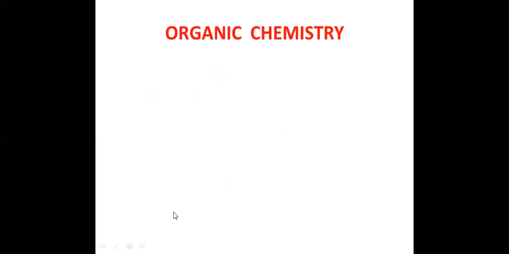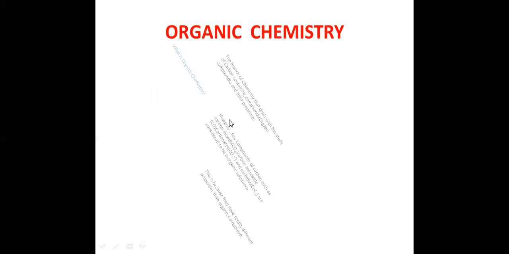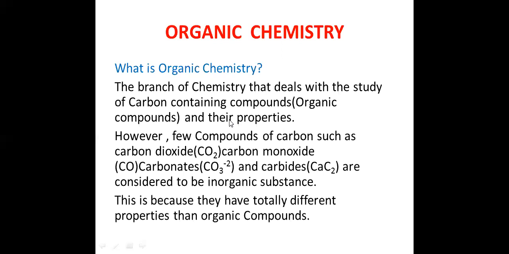The first topic of this chapter is the branch of chemistry called organic chemistry. All of you are familiar that organic chemistry is the branch of chemistry that deals with the study of carbon-containing compounds, also called organic compounds, and their properties. However, there are a few compounds of carbon, such as carbon dioxide, carbon monoxide, carbonates, and carbides.